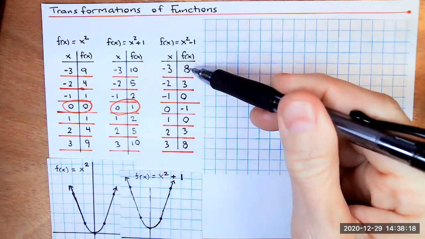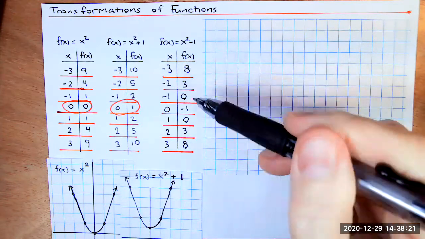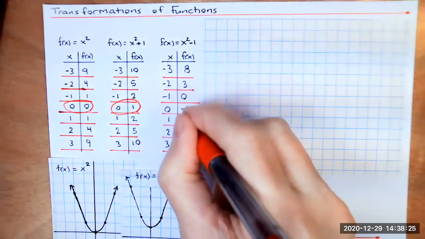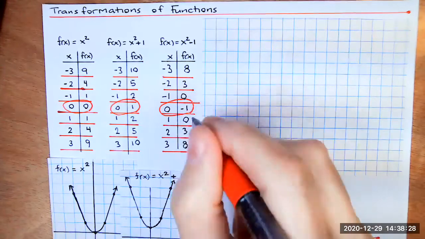So you can see that it has the exact same shape, only now our vertex is at 0, -1.